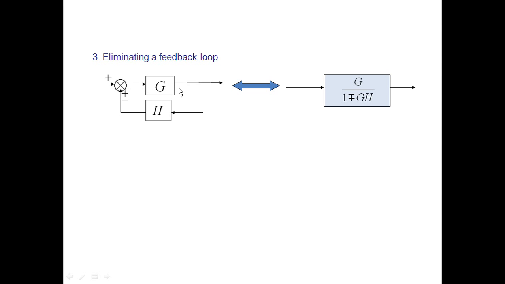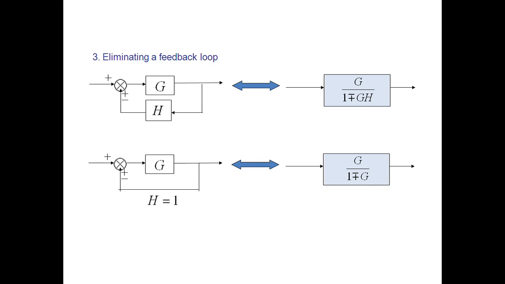So your simplified block is nothing but G upon 1 plus or minus GH, depending on negative or positive feedback. If the feedback gain is unity, then instead of H just put H equal to 1 and we get G upon 1 plus or minus G.